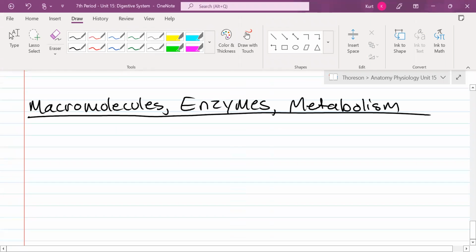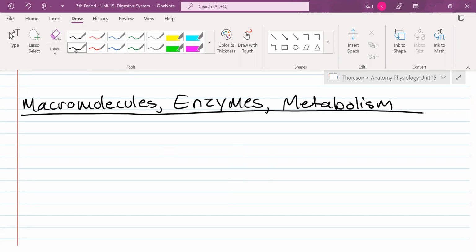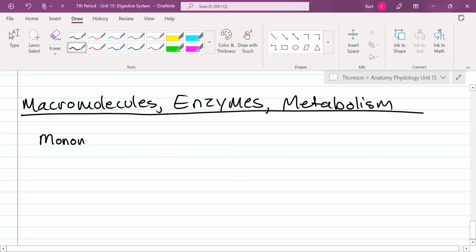All right, a lot of what I'm going to teach you today, you should have learned in either freshman bio or AP bio. I'd like to first start off with molecular sizes. A monomer is a subunit of a larger molecule.